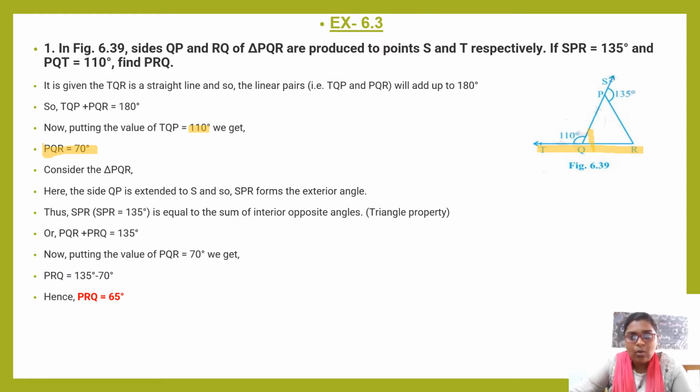Okay. So now we are going to take this triangle PQR, right? Here QP is extended till S. And here if you see, SPR is the exterior angle.